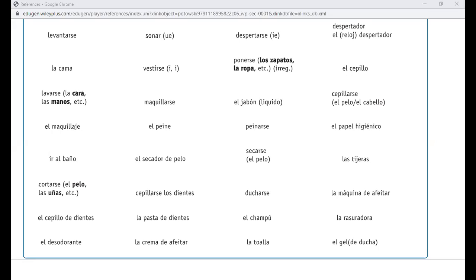You guys gotta watch la pronunciación. O, por la mañana, ¿qué haces con la cama? O yo me despierto y me levanto de la cama. Okay.